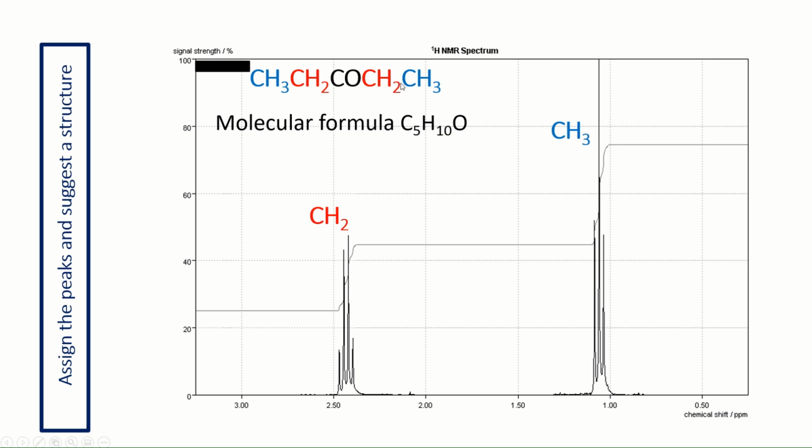This 2 plus 1 gives you a triplet. This methylene, which is equivalent to this methylene, has 3 protons next door to it. So it's 3 plus 1. So this methylene appears as a quartet.